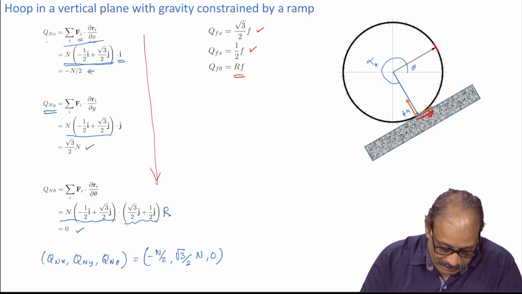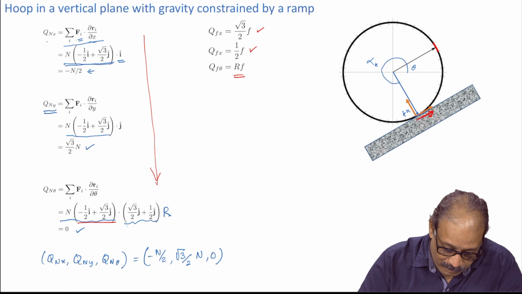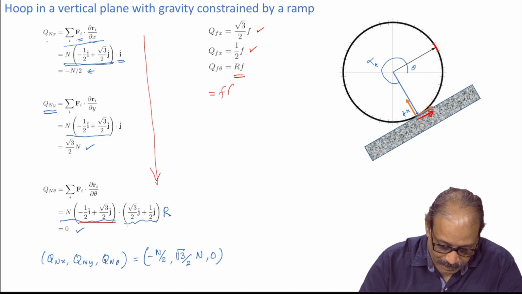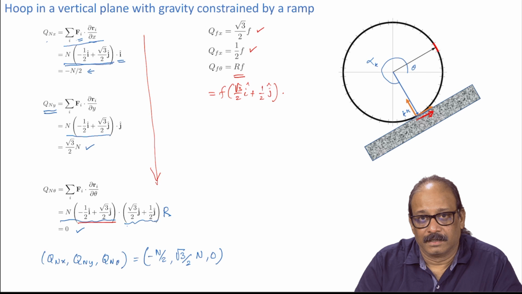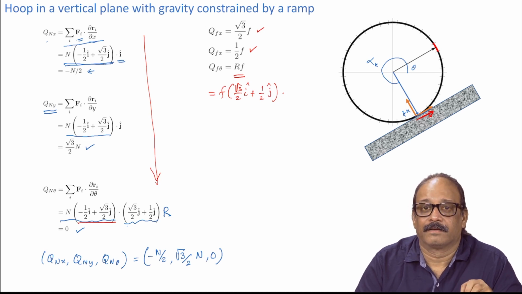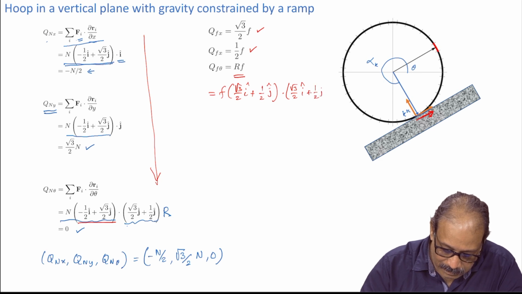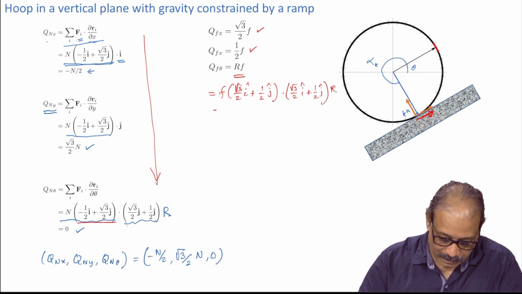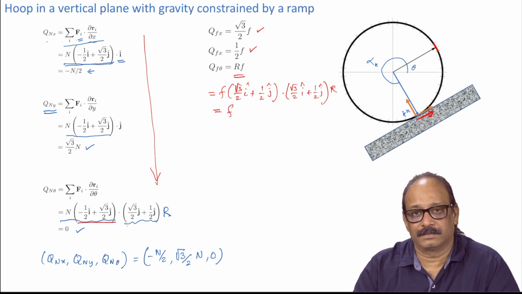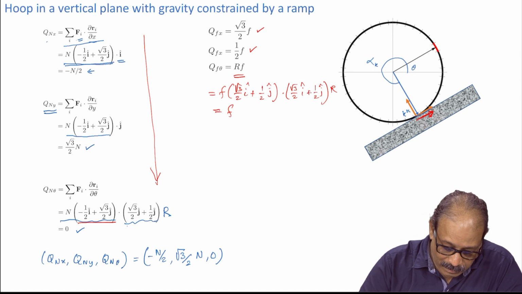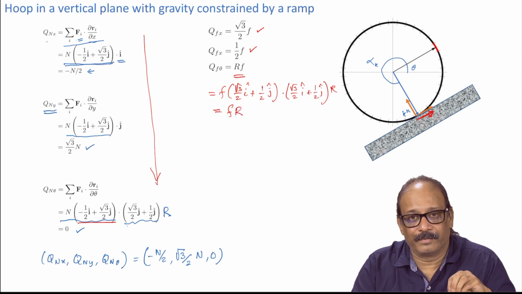Because remember, in that case, this will be f, and you would have root 3 by 2 i cap plus half j cap dot product with del r_k by del theta, and that will be in fact root 3 by 2 i cap plus half j cap into r, and this dot product is actually just 1.